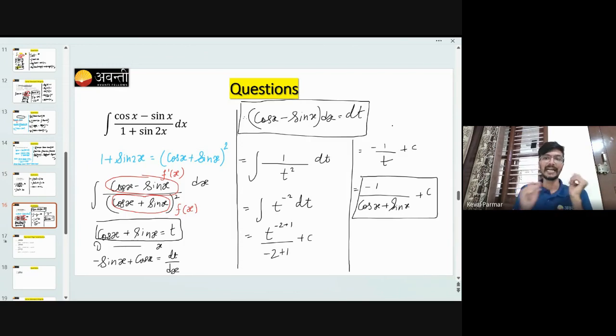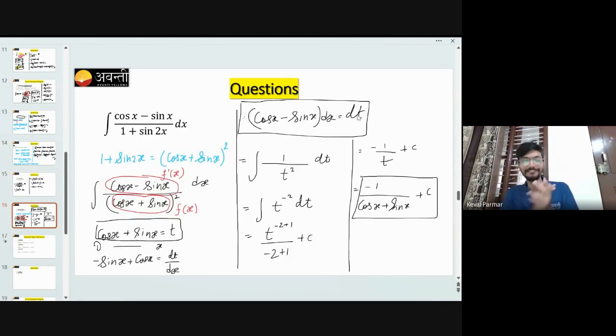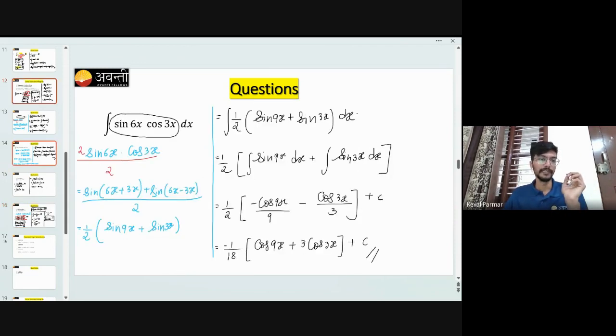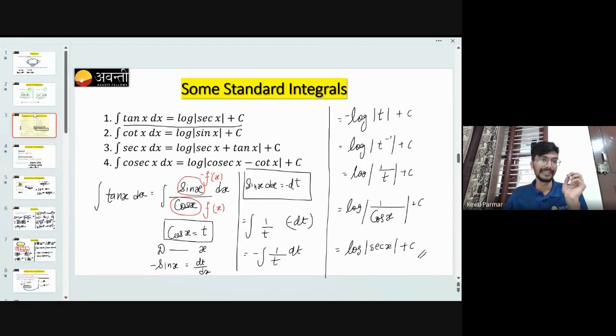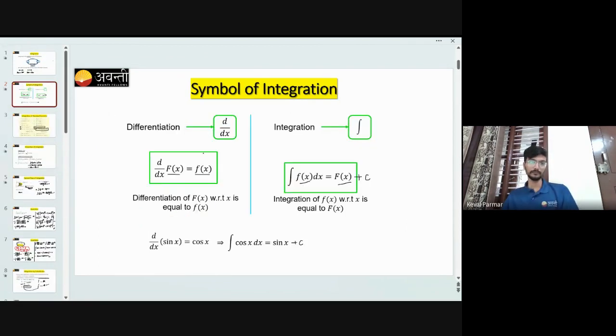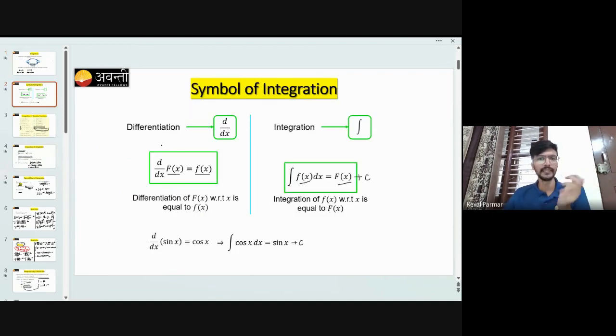Before starting the next topic, we better not start because we have very few minutes left. Let's go through what we did. First, we did what is meant by integration. It is a reverse process of differentiation, also known as antiderivative. Then we saw the symbol of integration.